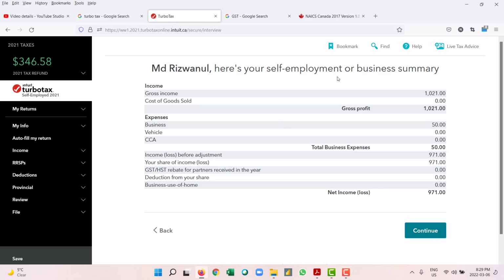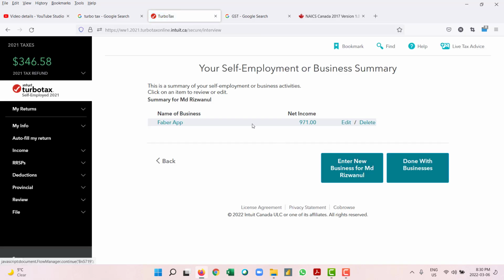Mr. Rizwanul, here is your self-employment or business summary. Deduct business expense vehicle 971. If you have more business, you can enter a new business from the original.